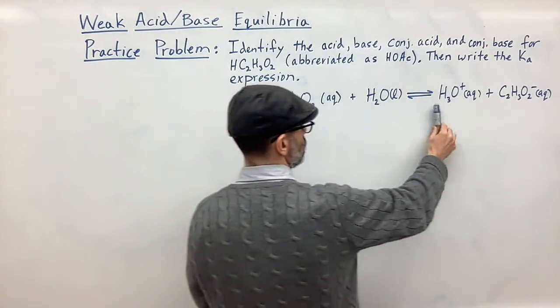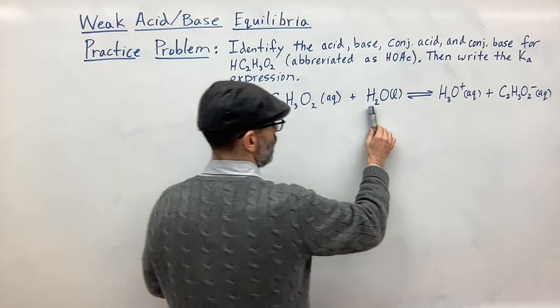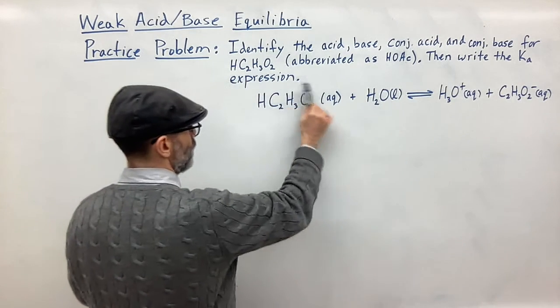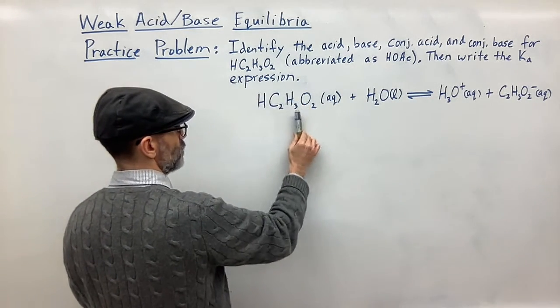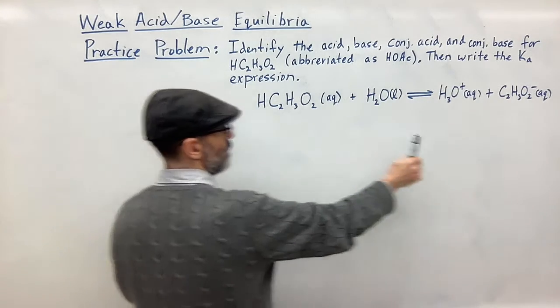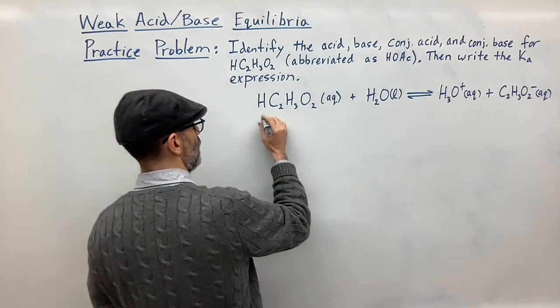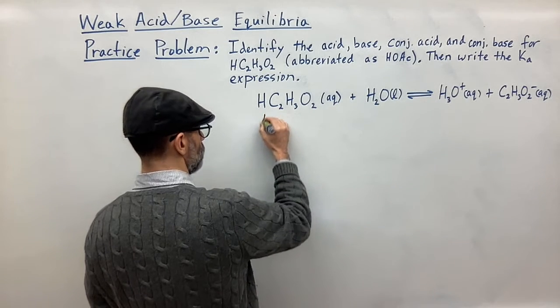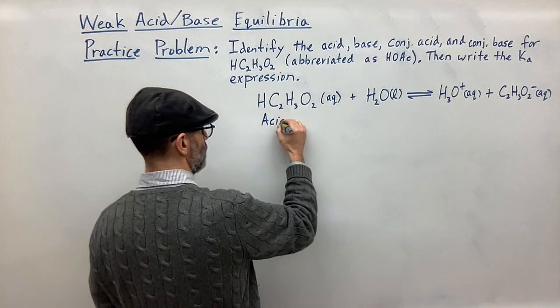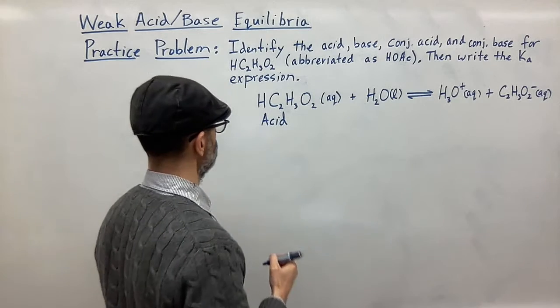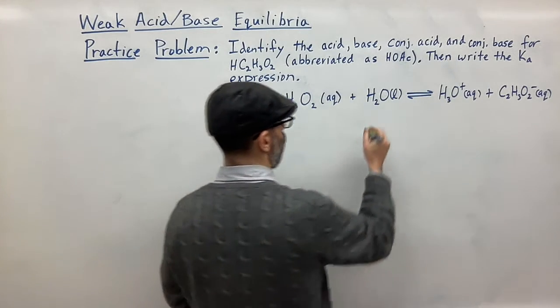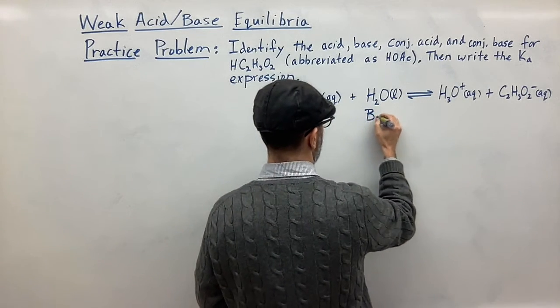If we look over here, it looks like water picked up a hydrogen from the HC2H3O2, from the acetic acid. We see here that it's missing a hydrogen. So that means that this is the acid, and so water must be the base.